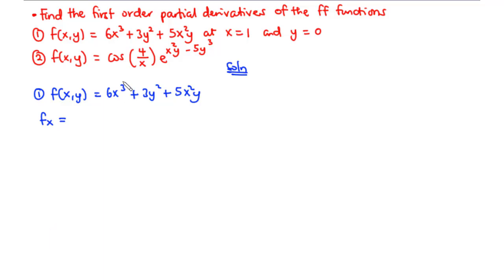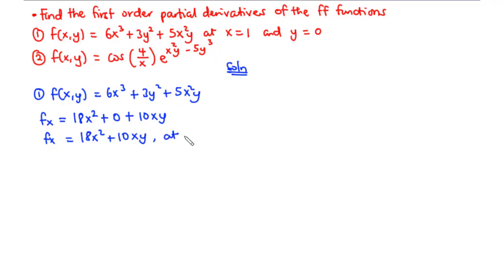For this term, we differentiate with respect to x, and then we have 3 times 6, that is 18, so 18x squared plus, now this is a constant, so we differentiate this and we have 0, plus we differentiate 5x squared with respect to x, 2 times 5 is 10, and then we have 10x times y. Therefore we have fx equals 18x squared plus 10xy.